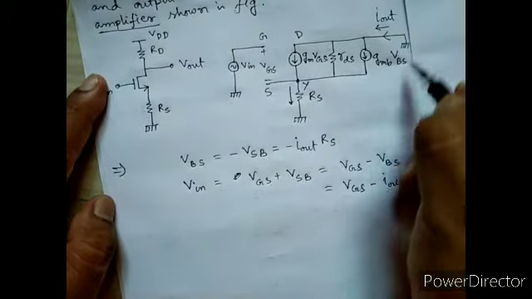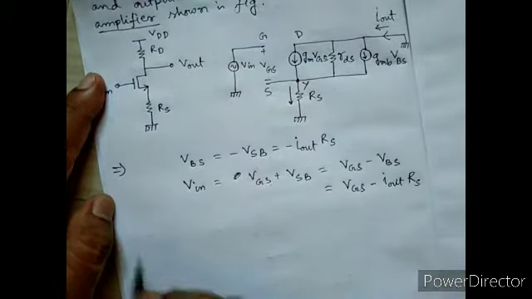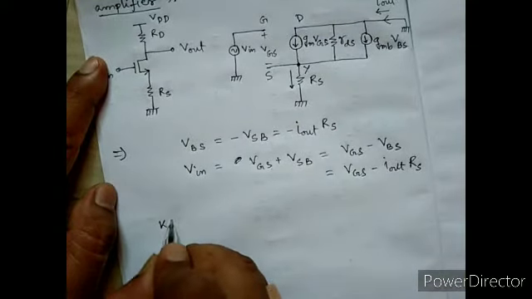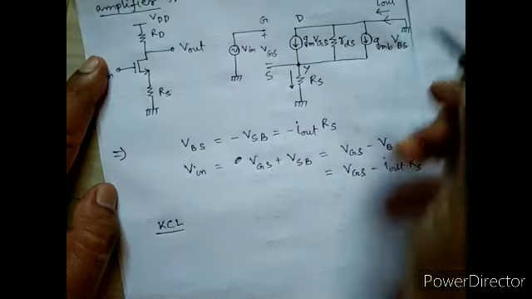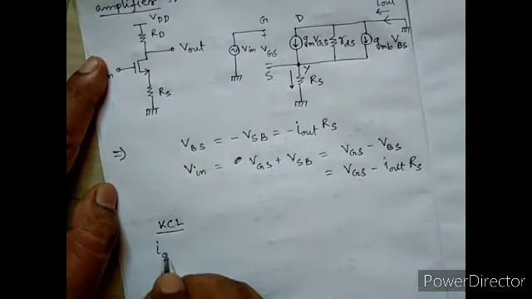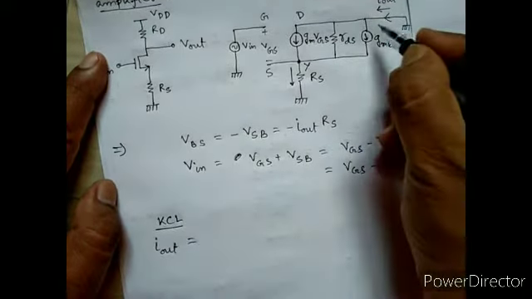Now if we apply KCL in this part, the output current Iout is divided into 3 branches.